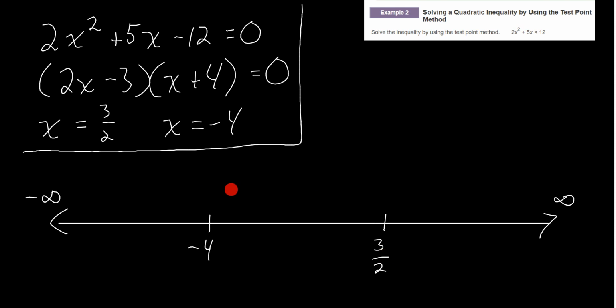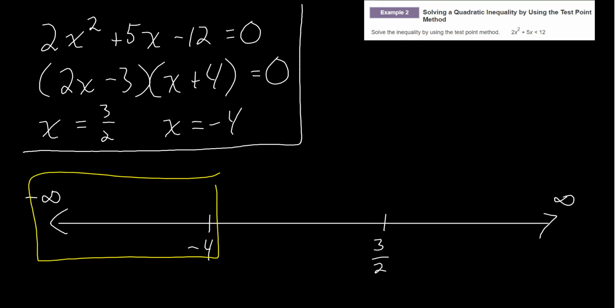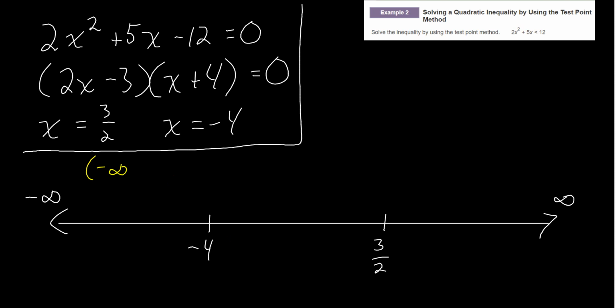Okay, so we have our boundary points, and now I'm going to mark off what the intervals are, because it's very important. The interval over here is from negative infinity to -4. This interval is from -4 to positive 3/2, or 1.5.